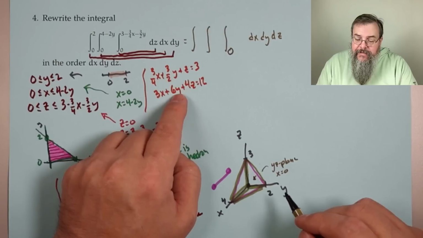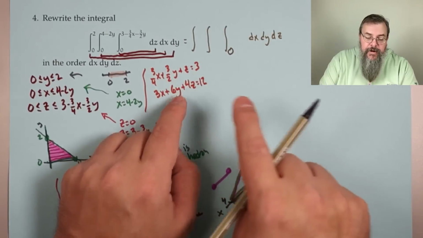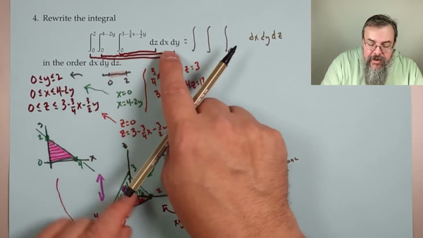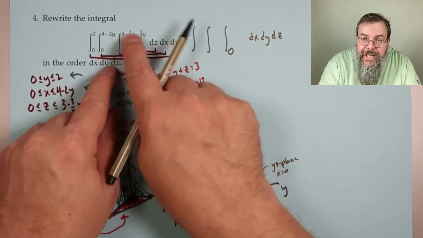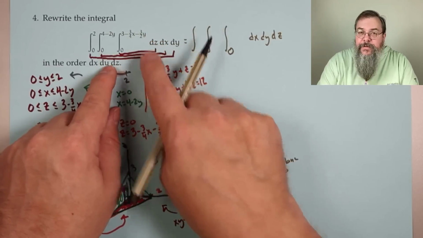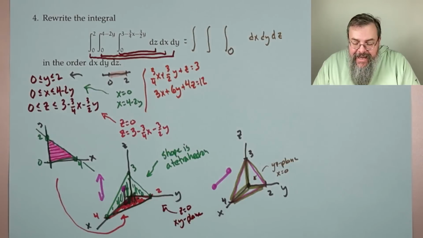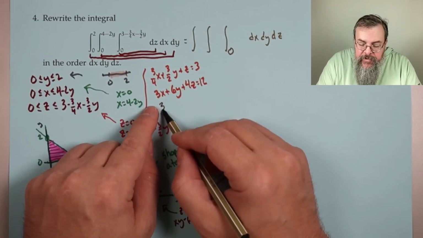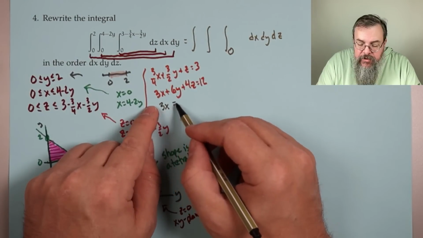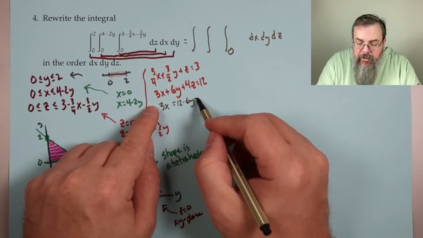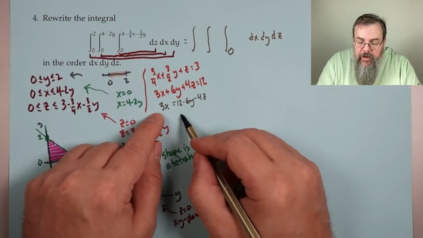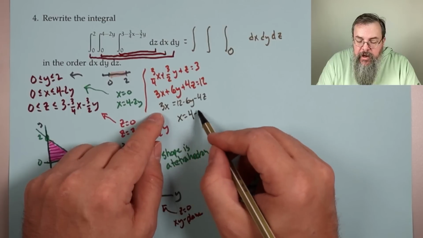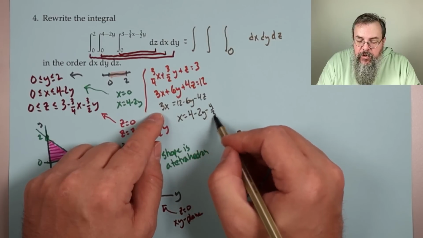But we need to have it in terms of x. Remember how our bound is z equals 3 minus 3/4 x minus 3/2 y. So we need x equals. We're going to rewrite it in terms of x. So 3x equals 12 minus 6y minus 4z, or x equals 4 minus 2y minus 4/3 z.